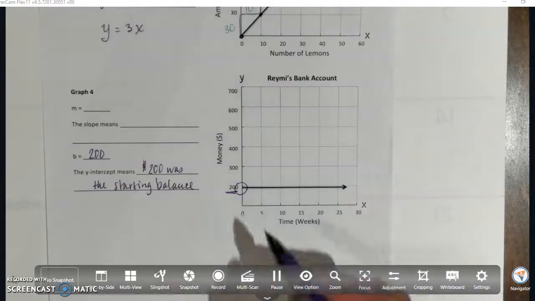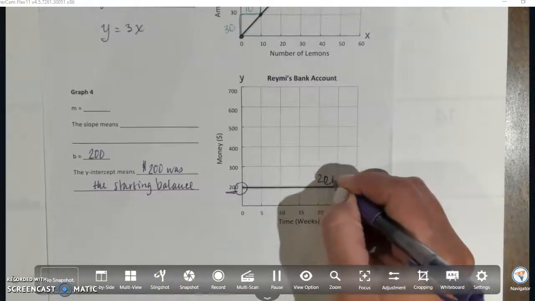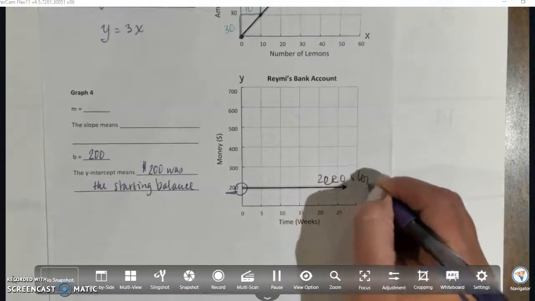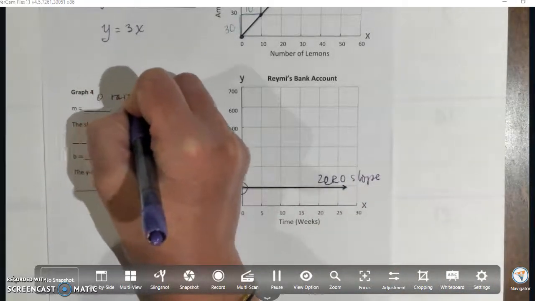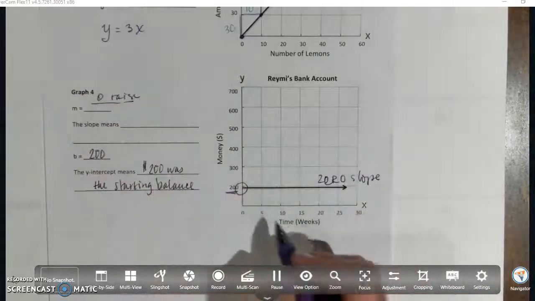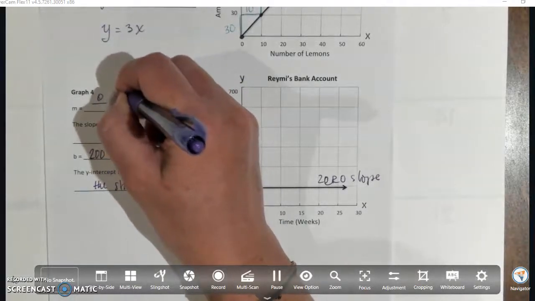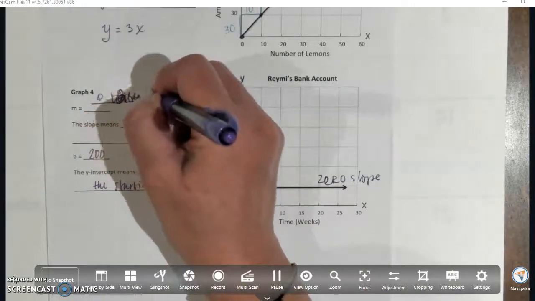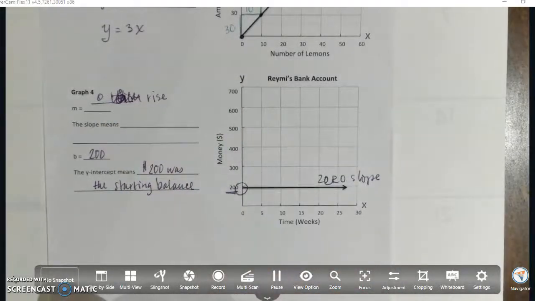Okay, so first of all, I want to make sure that you realize this is your zero slope. That means there's no rise. Yes, there is, not raise, rise, oh, cannot spell, rise. So there's no rising of the balance.